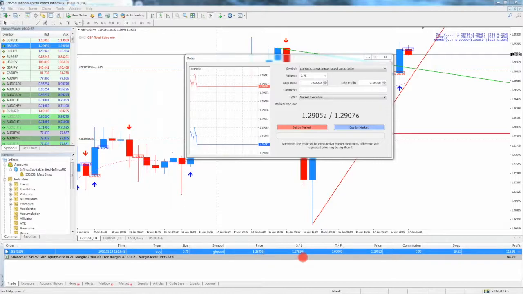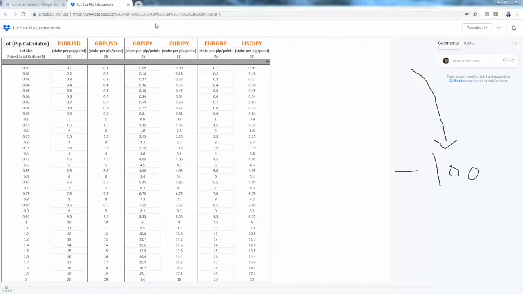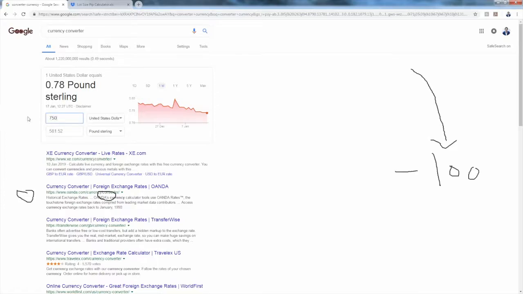If this market was to sell off 100 pips, which it could do, it stops me out and I lose 100 pips. 100 times $7.50 is $750. I go to the currency converter. $750 will obviously be £582.